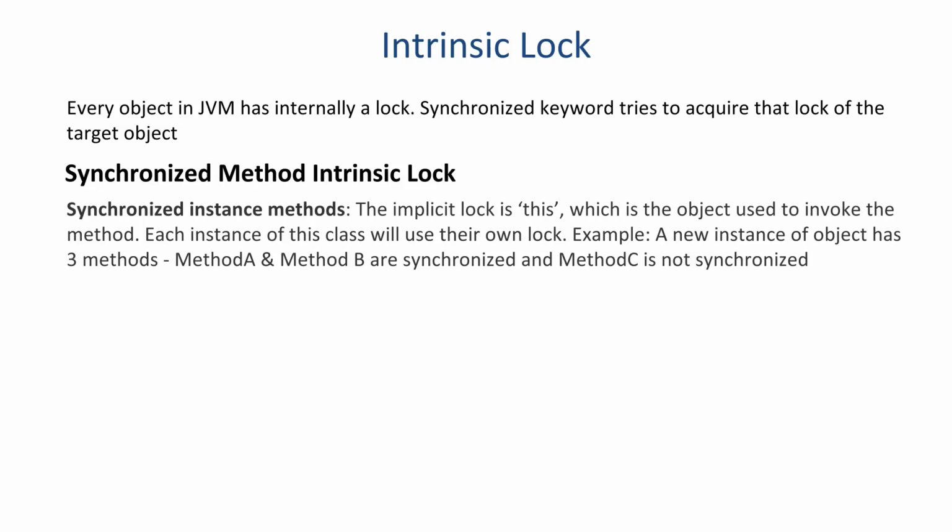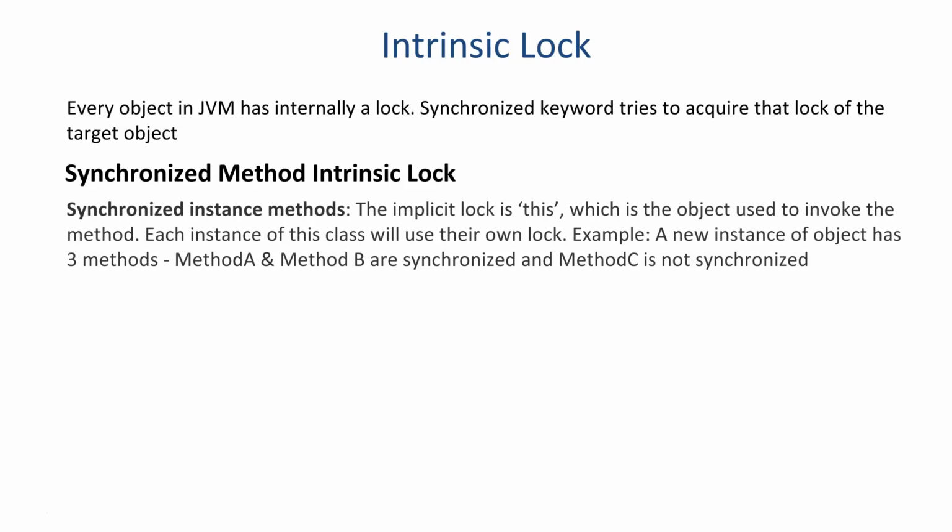So, synchronized method intrinsic lock. In a synchronized method, the implicit lock is this, which is the object used to invoke the method. And each instance of this class will use its own lock. Let's look into an example.